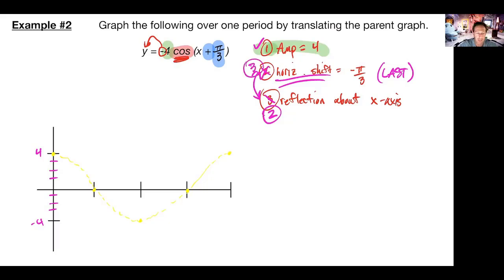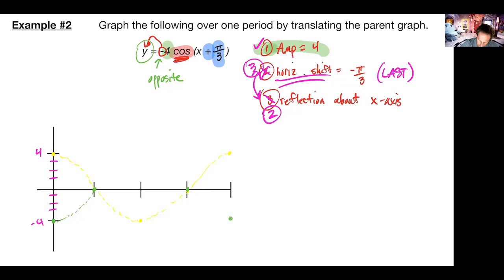So I'm going to do a reflection about the x-axis, which means now we're going to take this and lightly change all of these to be their opposite. And again, there I'm talking about the y values. So everything here except the zeros will become the opposite. So all these positive pieces will flip down here and become negative.